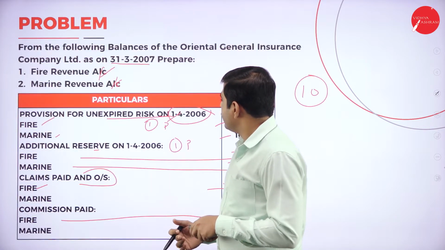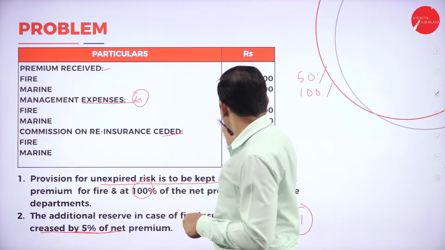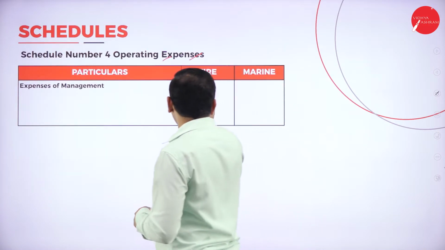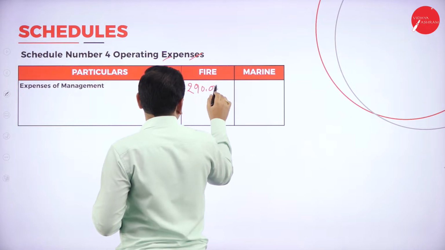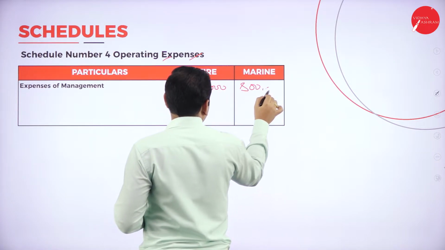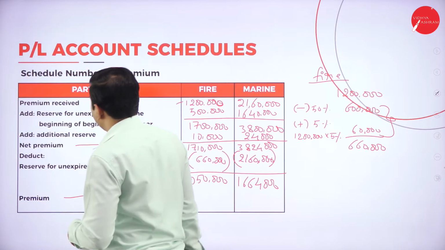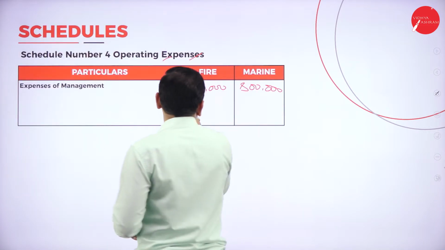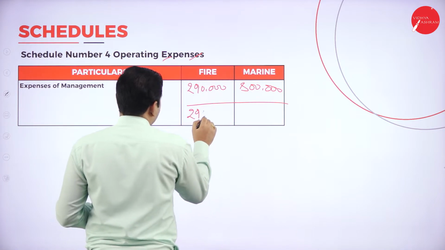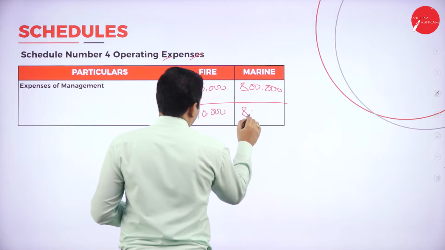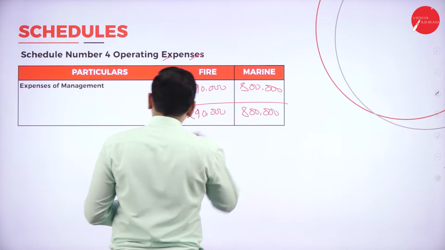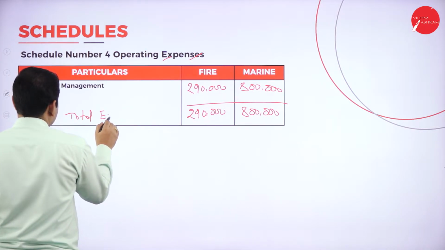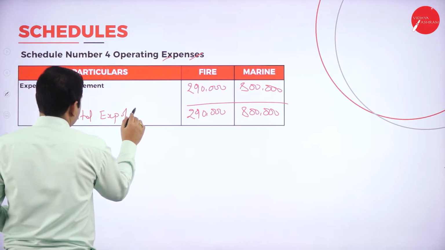Management expenses we have are 2,90,000 and 8 lakh. We don't have any outstanding in the adjustment, so we can directly write 2,90,000 and 8 lakh. This is the total expenses of management.